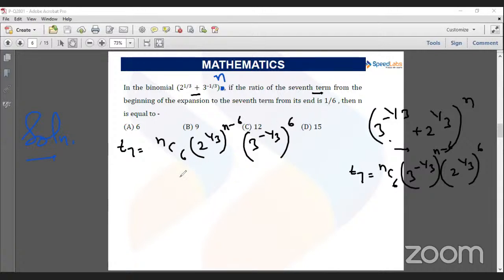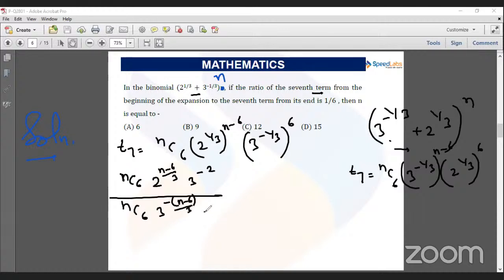So technically, nC6 2 power n minus 6 by 3 into 3 power minus 2 by nC6 3 power minus n minus 6 by 3 into 2 power 2 is 1 by 6.